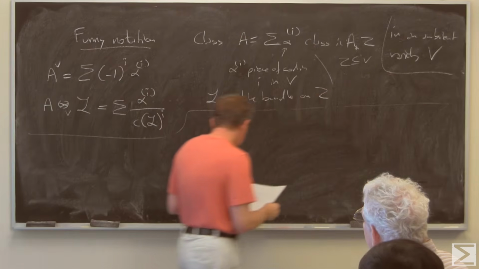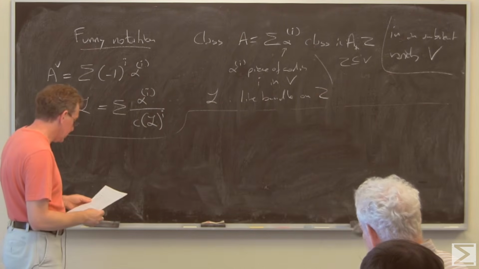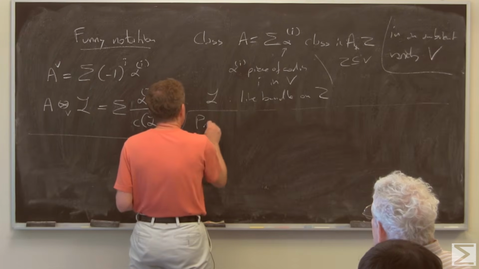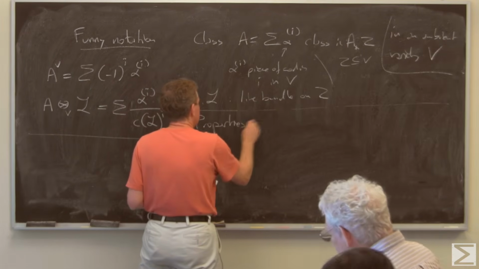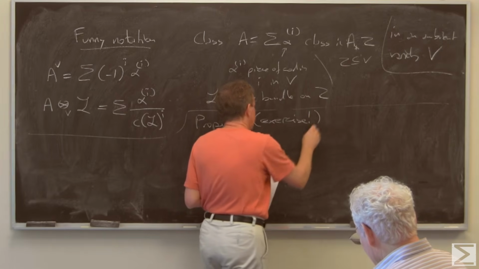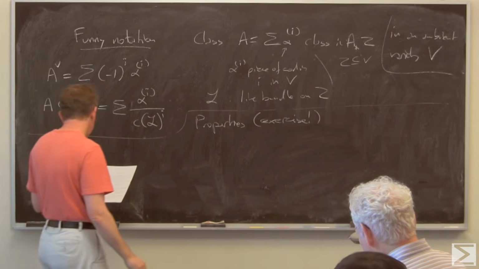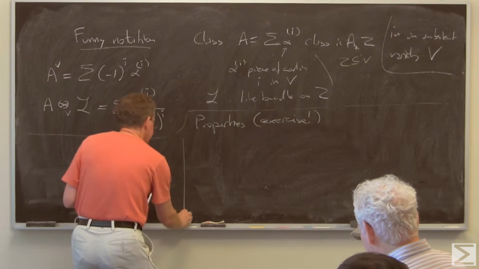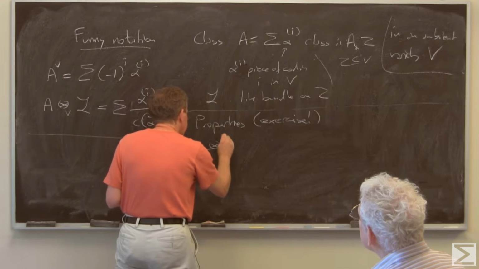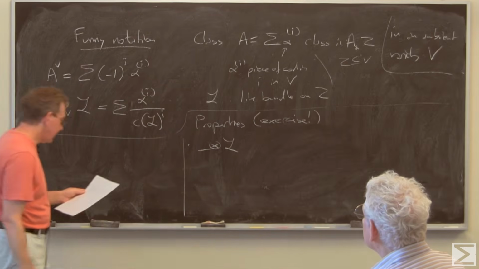So there's a little calculus associated with these notations, properties. These are easy exercises. Let's see, I have a couple here. Maybe I can fit them all in here. Number one, this operation of tensoring is in fact an action.